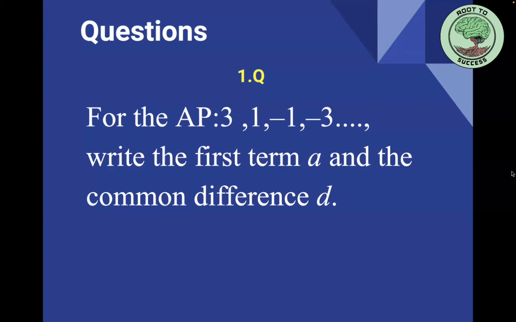The question number 1 is, for the arithmetic progression 3, 1, -1, -3, write the first term A and the common difference D. Here, A will be 3 and D will be 1 - 3, which is equal to -2.